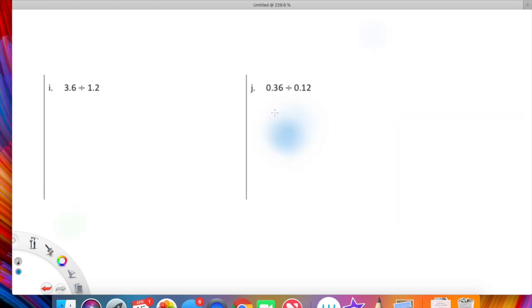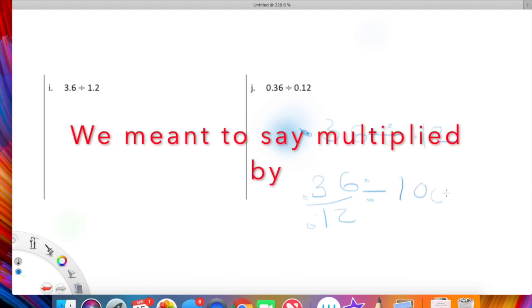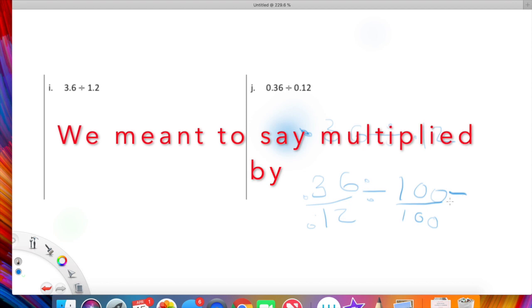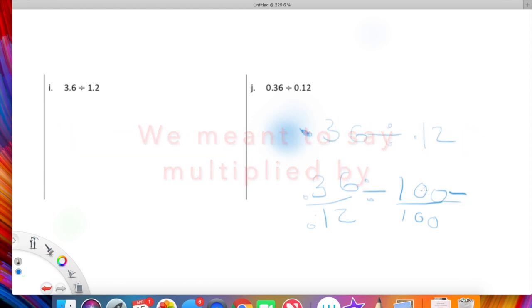We're doing 0.36 divided by 0.12. Yes, Muthu, my best friend here. So kind of the same thing as last one. It's 0.36 over 0.12 times 100 hundredths because the 0.12 is in the hundredths place.